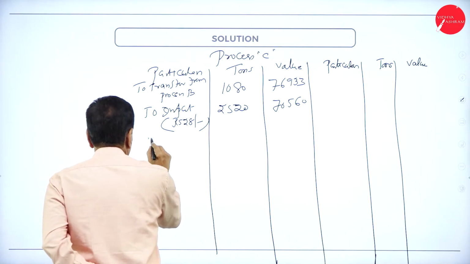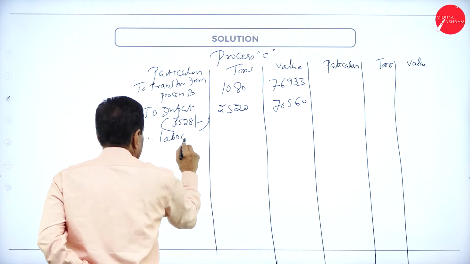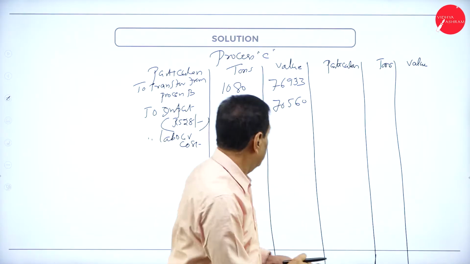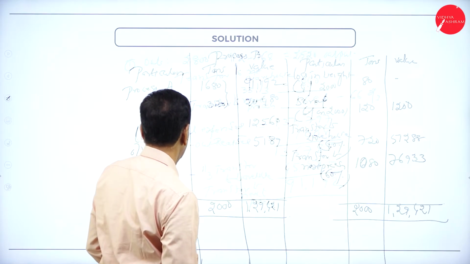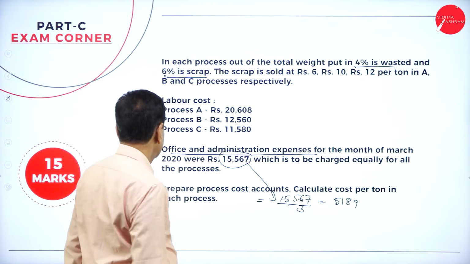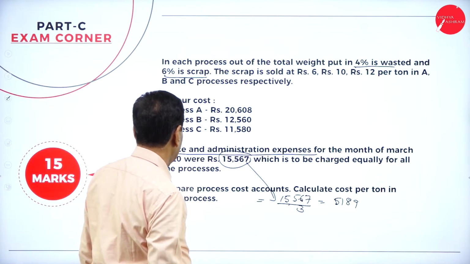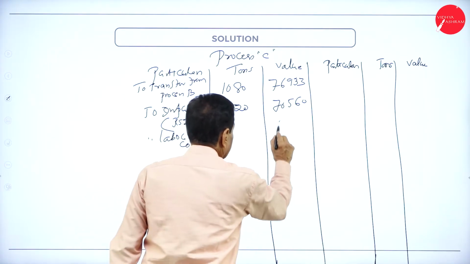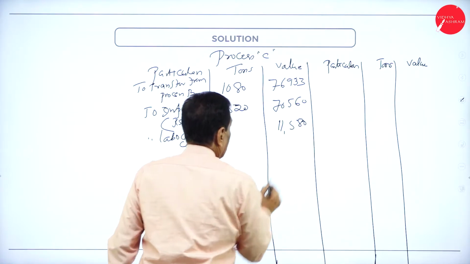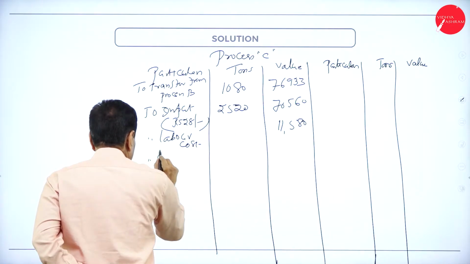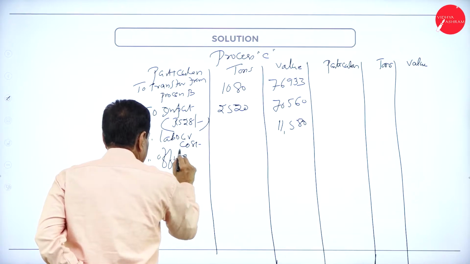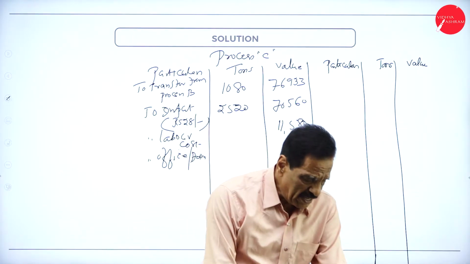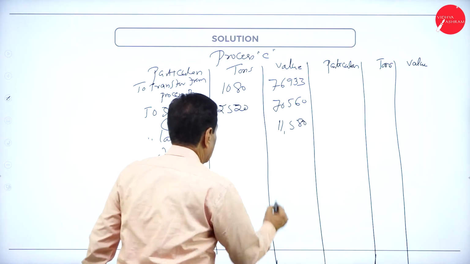Then labor cost. Process labor cost is 11,580. Office and administration, office expense, 5,189.